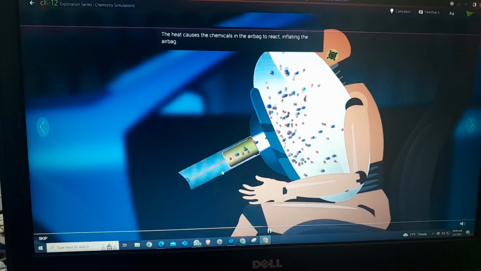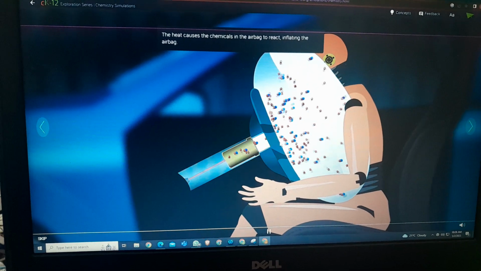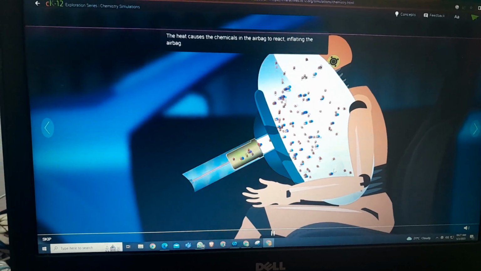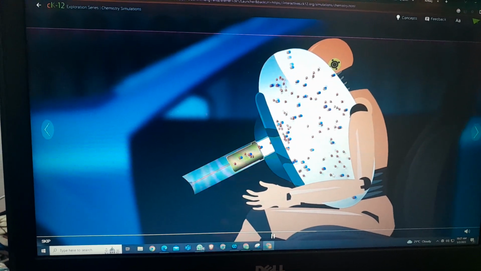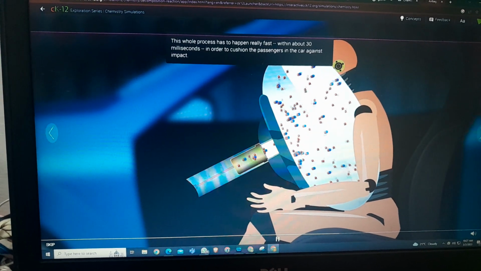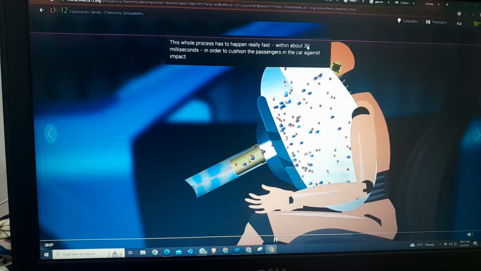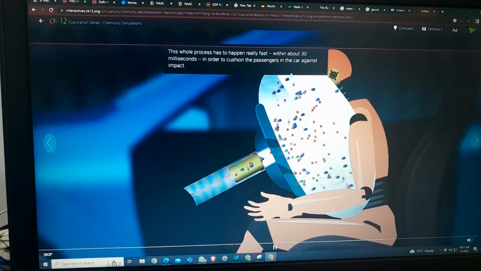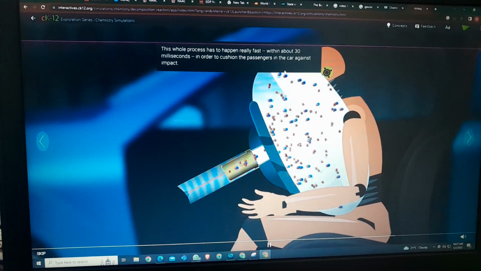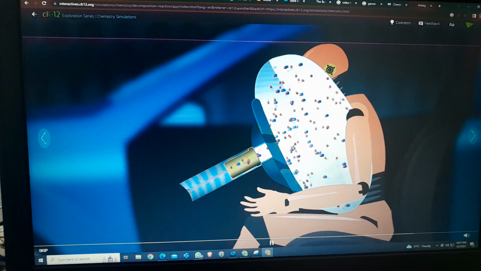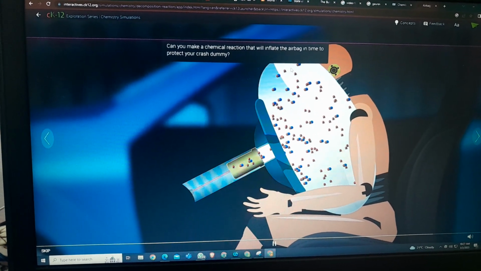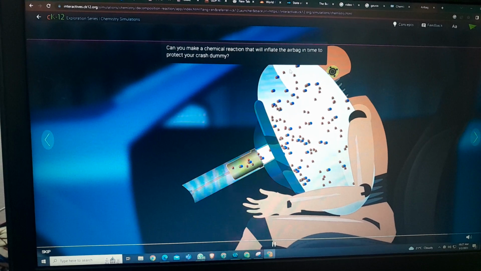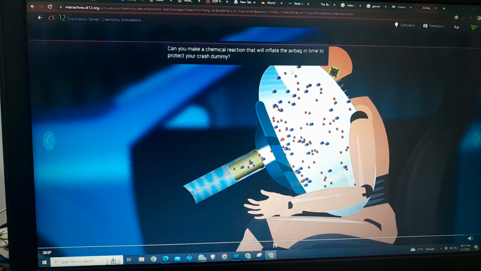The heat causes the chemicals in the airbag to react, inflating the airbag. This whole process has to happen really fast, within about 30 milliseconds, in order to cushion the passengers in the car against impact. Can you make a chemical reaction that will inflate the airbag in time to protect your crash dummy?